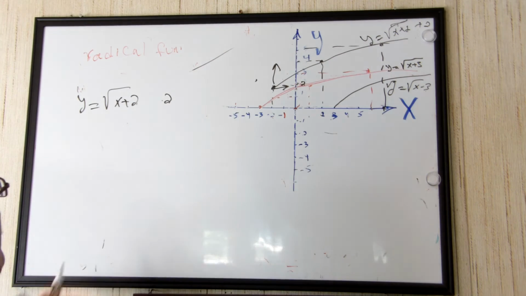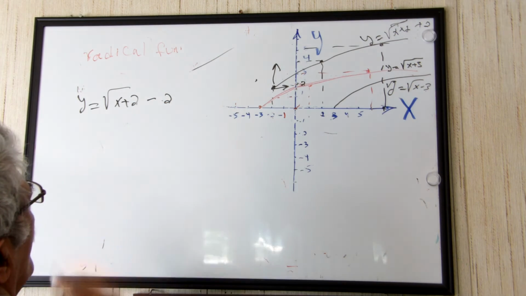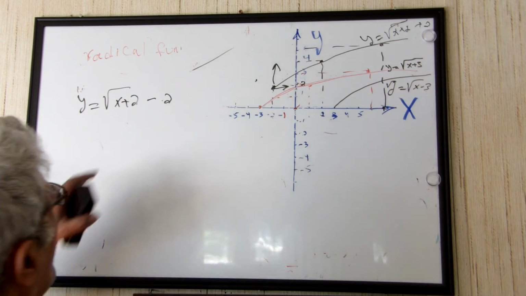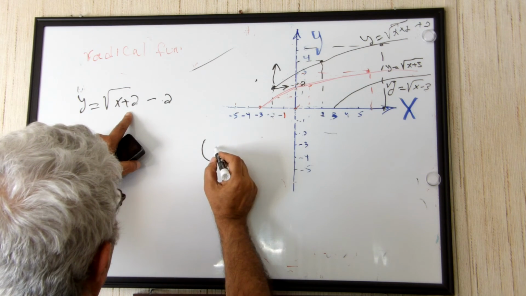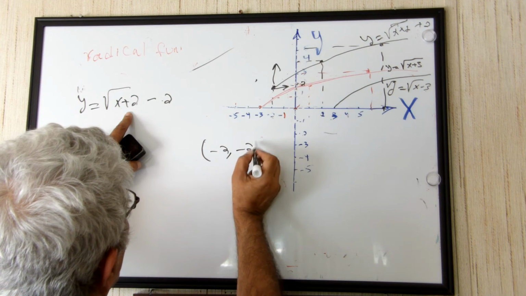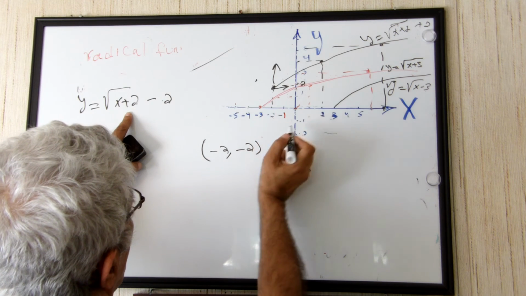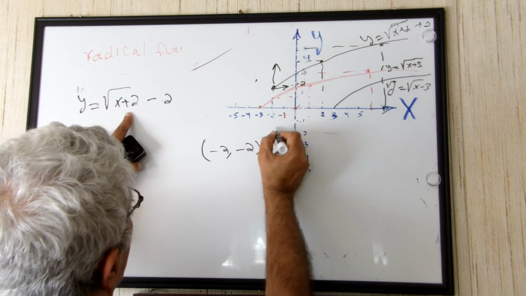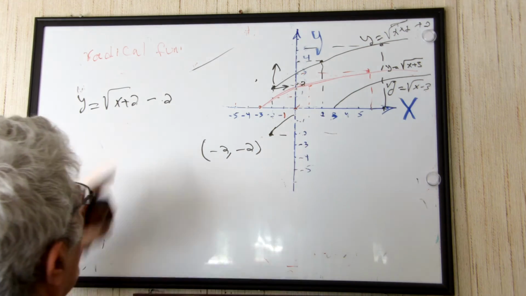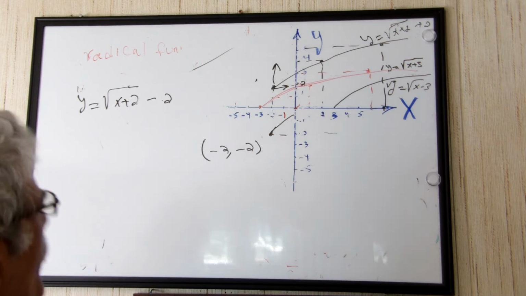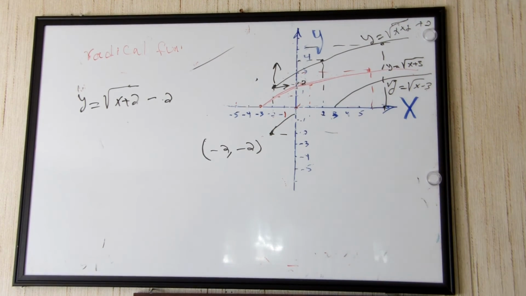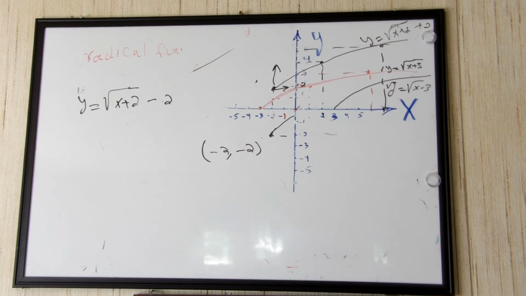So how about if this is minus 2? The point is going to be minus 2, minus 2. It starts from here and goes there. This way you can find where the first point is.